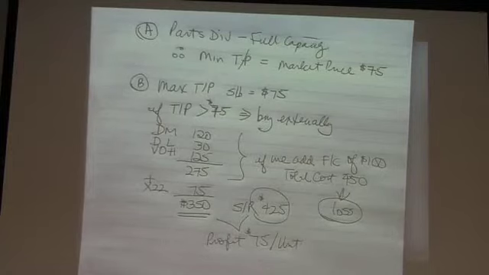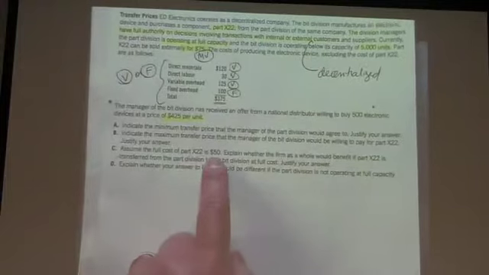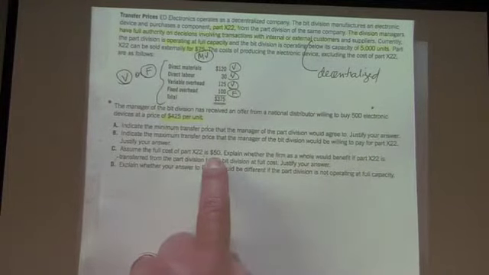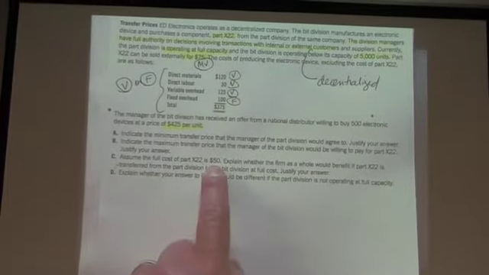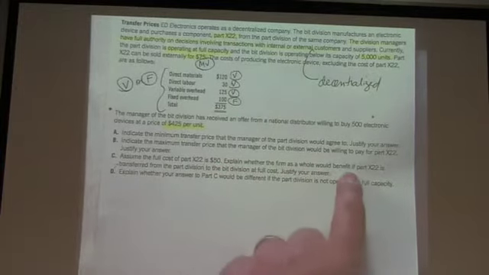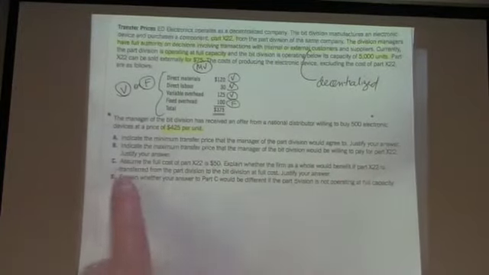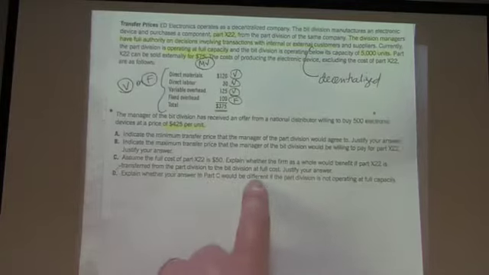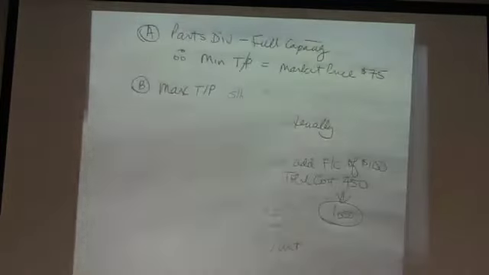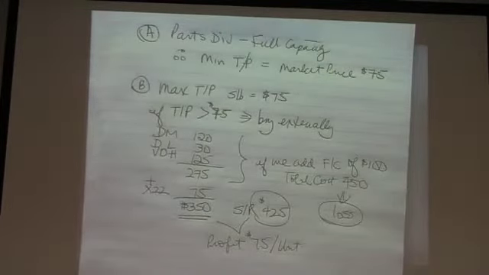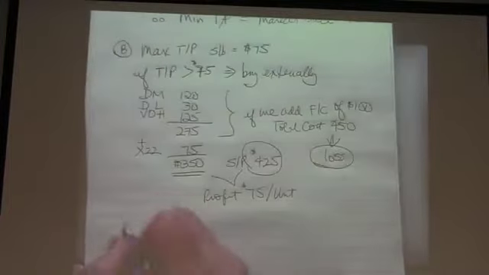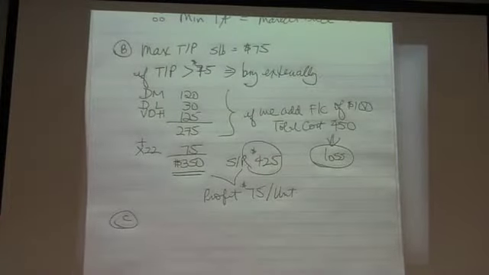Okay? Now, part C says, assume the full cost of part X22 is $50. Explain whether the firm as a whole would benefit if part X22 is transferred from the parts division to the bit division at full cost. Justify your answer. So for part C, we need to understand what's the overall impact.